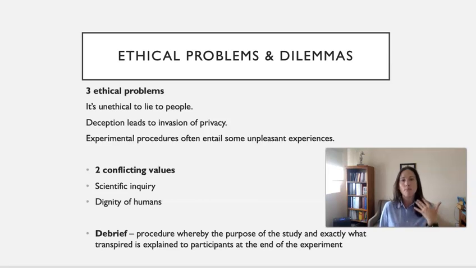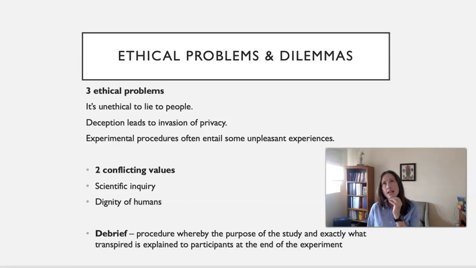For example, Milgram's experiment, they didn't agree to go through the psychological trauma of thinking they were hurting someone. They agreed to help study learning and operant conditioning. And so to force them to go through this uncomfortable thing that they didn't agree to is not ethical.